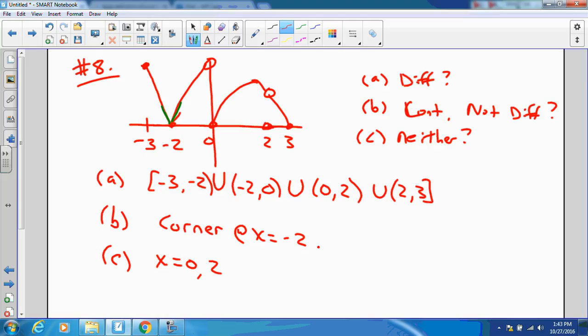We're going to include -3 and 3. Notice at the endpoints of the domain right here, the only derivative that makes sense is the derivative from the right. That's the value of the derivative right there. And the only derivative that makes sense right here is the derivative from the left. That's the value of the derivative right there. So on these domains that include endpoints, we take the value of the derivative to be the value that you get from the appropriate side. Okay? Jennifer, did that answer your question?